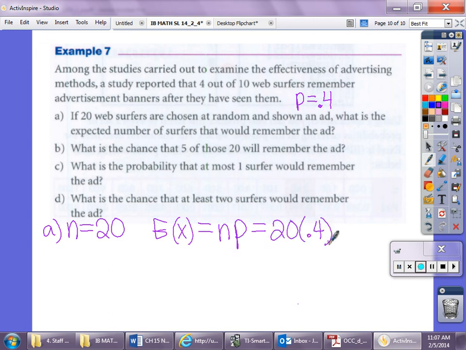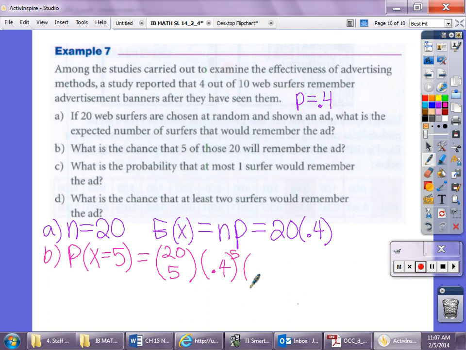I'm not going to worry about calculating exact values here. Part B, what is the chance that 5 of those 20 will remember the ad? So that would be the probability that x is exactly 5. And that would be 20 choose 5 times 0.4 to the 5th power, 0.6 to the 15th power.